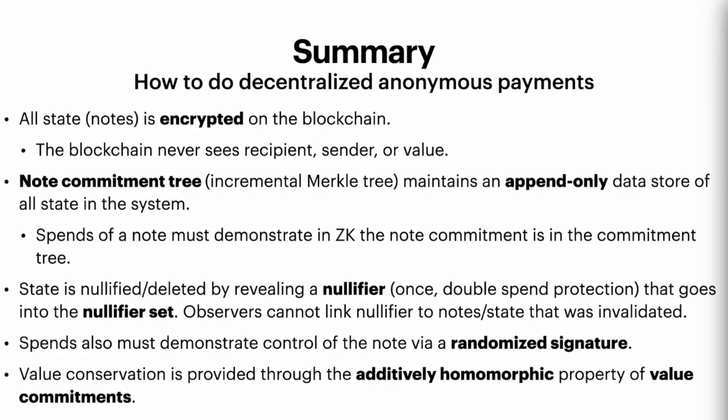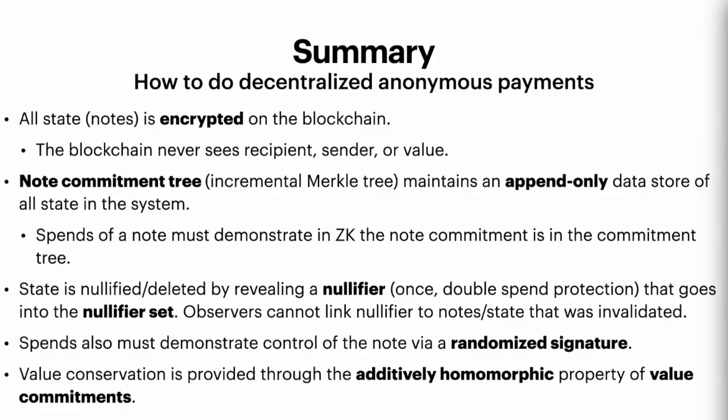In summary, this is how one can do decentralized anonymous payments. All state in the form of notes is encrypted. The chain never sees the recipient, sender, or value. We have a note commitment tree that maintains an append-only data store of all state in the system, so every note. Spends of a note must demonstrate in zero knowledge that the note commitment is in the commitment tree.